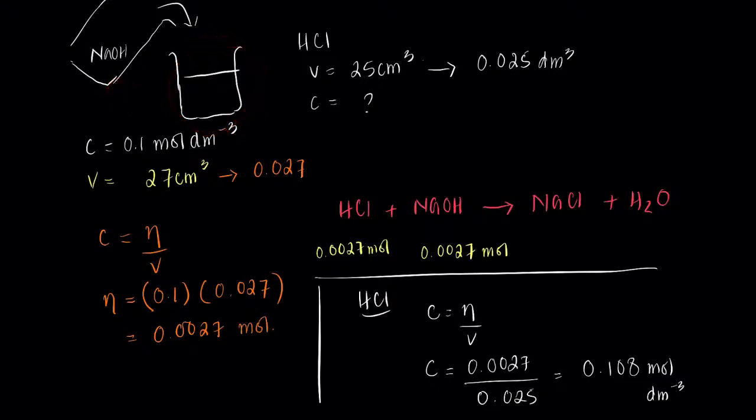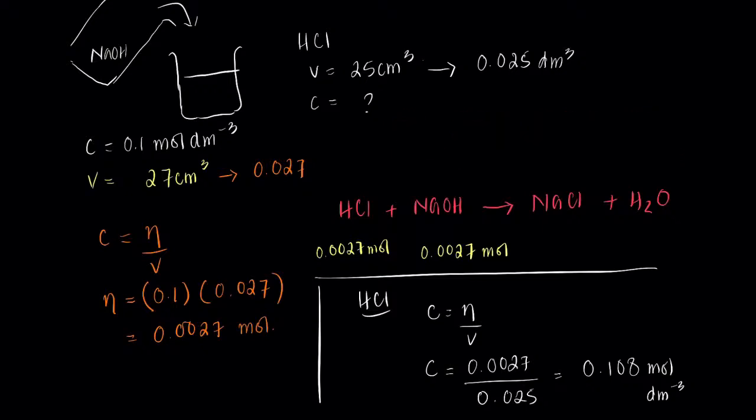Now, you can do it with other chemicals as well that react with each other, right? But O levels and A levels will 99% of the time do it between acids and base. Acids and alkalis, or acids and base. That's how you do titrations, primarily in O and A levels.